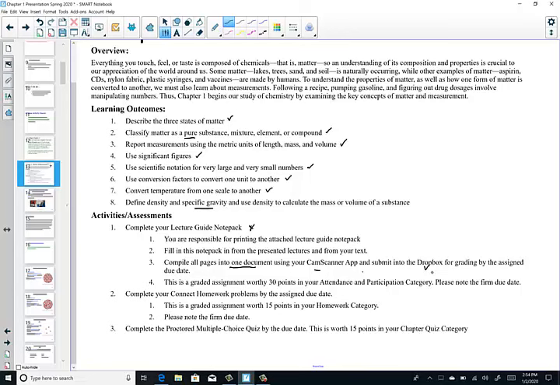And remember, it's your responsibility to make sure you're submitting a correct file. If you accidentally submit 1 page of a 20-page document, it's still considered not accepted. So make sure you check your document when you submit it, that it's the correct document you meant to submit. And then, of course, this goes into your attendance and participation category.